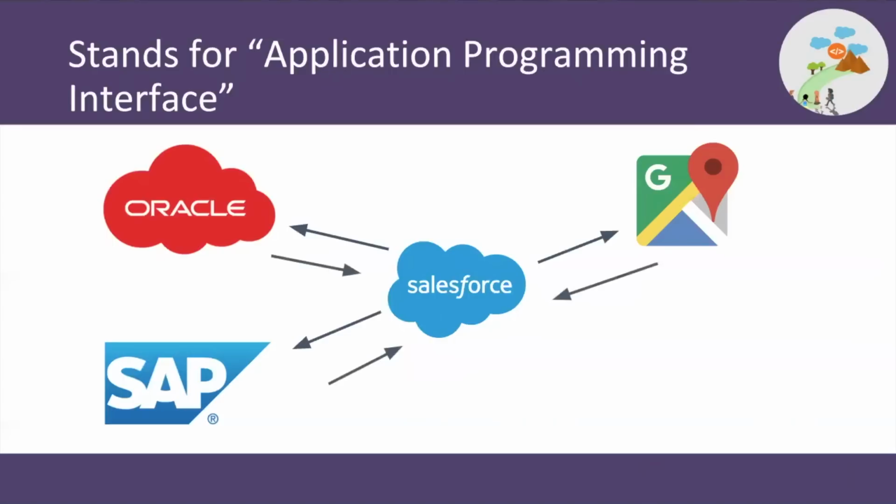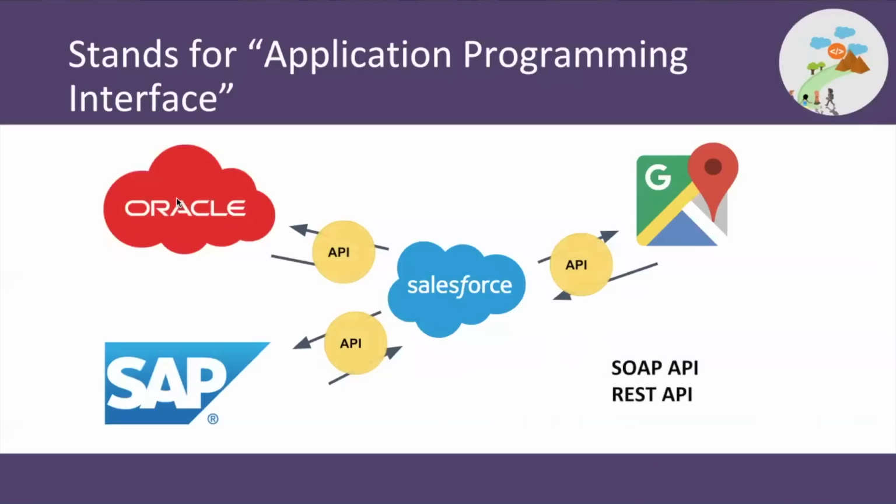And that common language or specification where Salesforce says, hey, I will give you this and you give me back that, is known as API in simple layman terms, which is application programming interface, how you are going to interface between these two systems. Now, API can be either SOAP based or REST based.